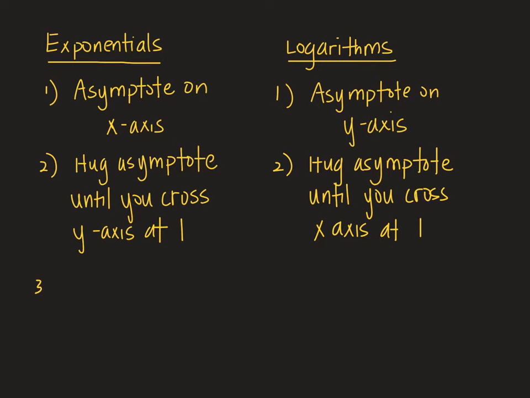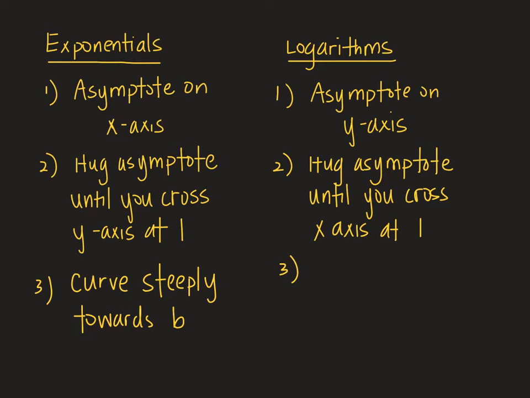Okay, 3. In an exponential, which is the ones we just did, you draw your asymptote, you hug your asymptote, you cross the y-axis at 1, and then you curve steeply, and you do it towards that number b that we talked about. Okay, curve steeply towards b.